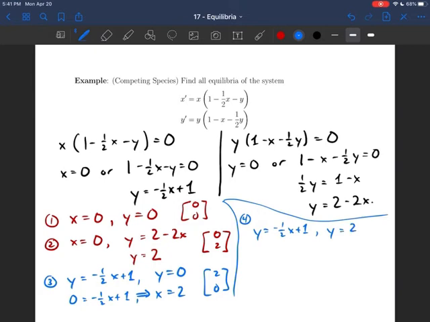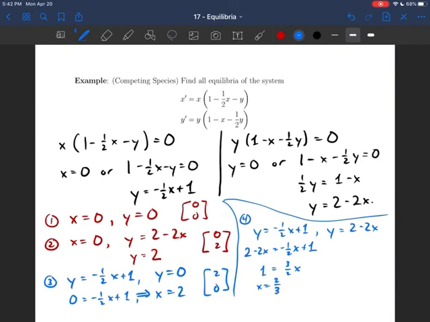And then finally, we have the slightly more complicated set of conditions, where our fourth condition is that y is equal to negative 1/2 x plus 1 and y is equal to 2 minus 2x. Is that possible? Well, yes, these are two linear equations. We're just looking for the intersection of them. Do these two lines intersect each other? Since they have different slopes, they must intersect. So we should be able to find a fourth equilibrium.